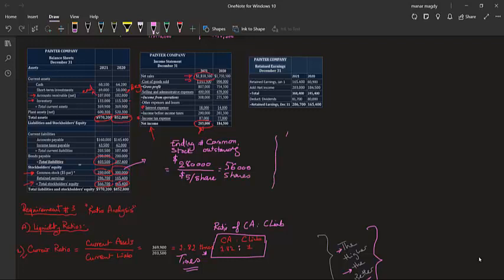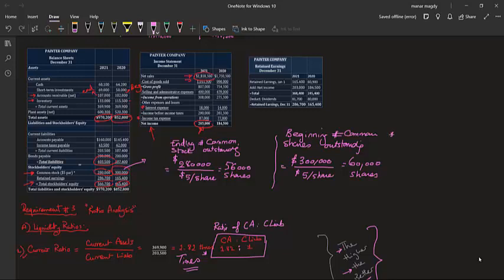While the beginning number of common shares outstanding would equal the total cost, 300,000, divided by the par value for each share in order to get the number of shares, which is 60,000 shares.